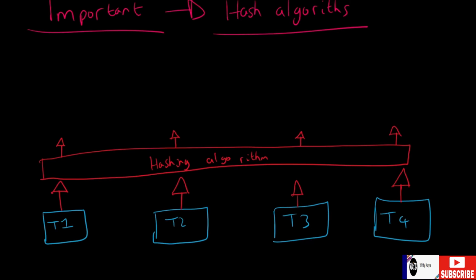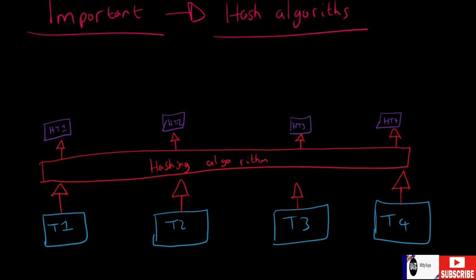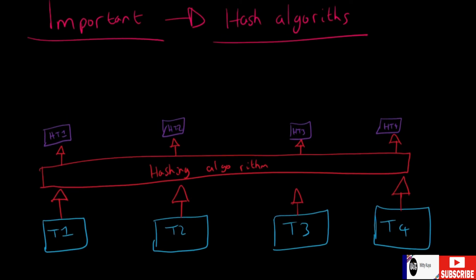The transaction hash, as we discussed in the hashing video, is different to the original transaction. A lot of the time it's a lot shorter than the original value, whatever file it is. So these are the hash values. I'm just going to call it HT1, HT2, HT3, HT4, and now these are combined into pairs.